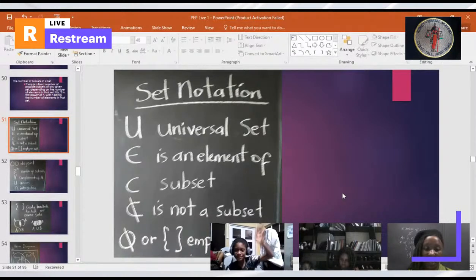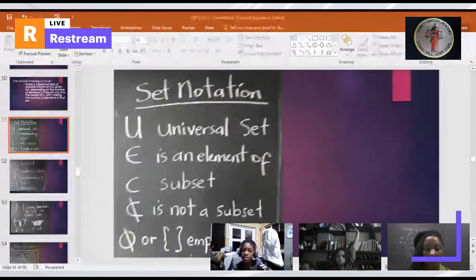Can you each give me an example of a set being a subset of another? Okay, Miss, I have one. Elements in A are even numbers, and the elements in B are factors of 4.